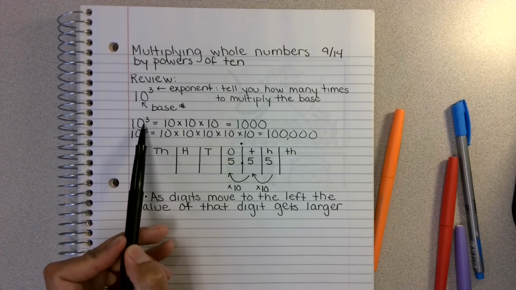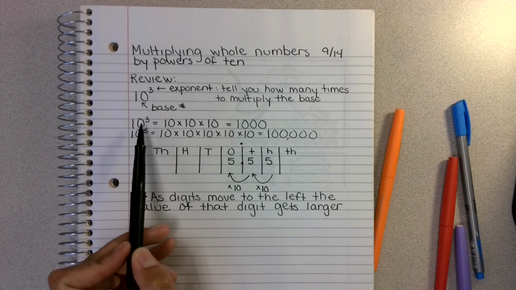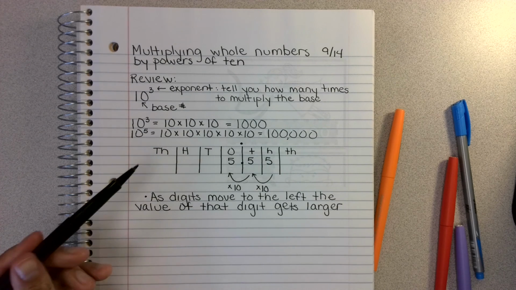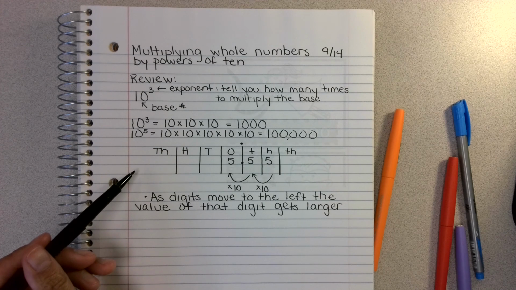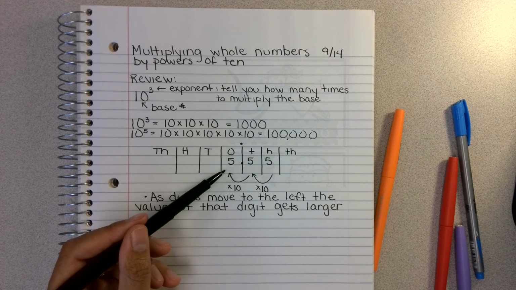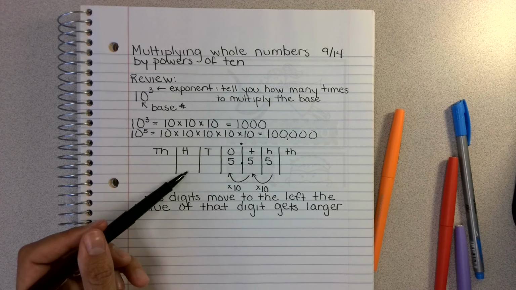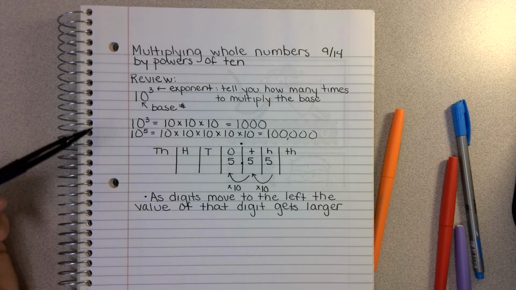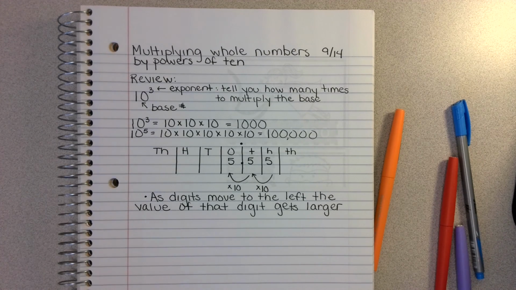And then it also means a trick that we can put a 1 and 3 zeros. That means the same thing. We also know that our place value system is built on groups of 10. And every time we move a digit to the left and it becomes larger, it also becomes 10 times more. Okay, so get that review down in your notebook, and then we're going to move on to the lesson for today.